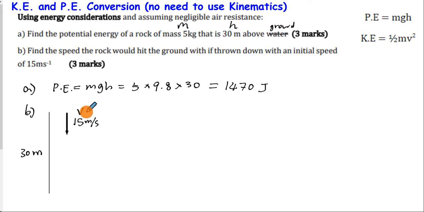And if I give it a symbol, I could call that V0 or initial velocity U. But when you think about initial velocity and then this rock is going to come down here and hit the ground with a final velocity, some of you might think about using kinematics formula because there's gravitational acceleration as this rock travels vertically downward, and then you can use a constant acceleration to find the final speed.